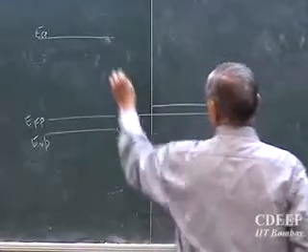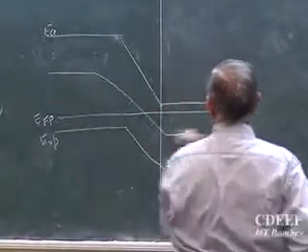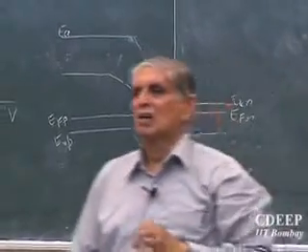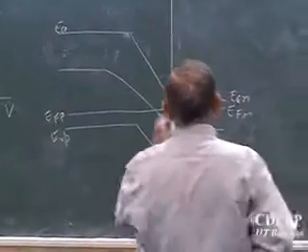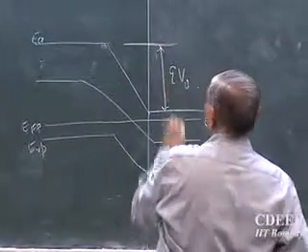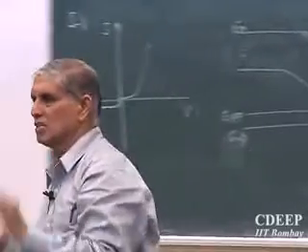And the intrinsic level is also halfway. Then we said when I join these, I create a potential barrier of value V0. In zero bias, it creates a potential barrier of V0.